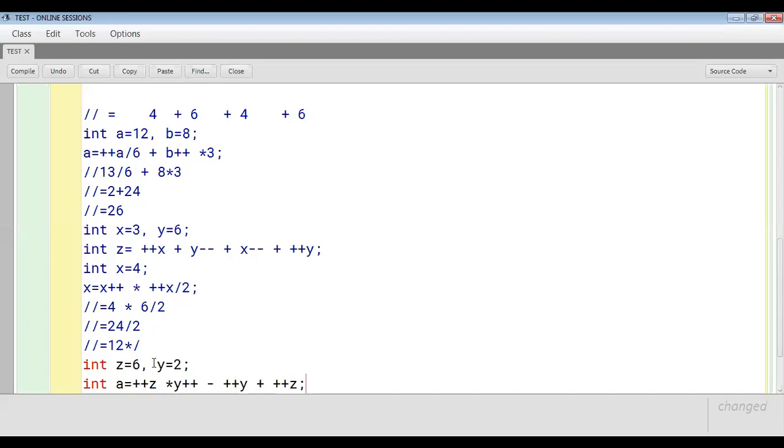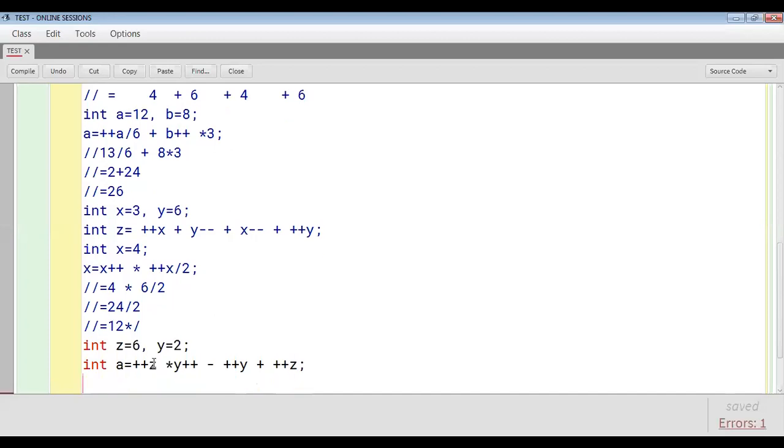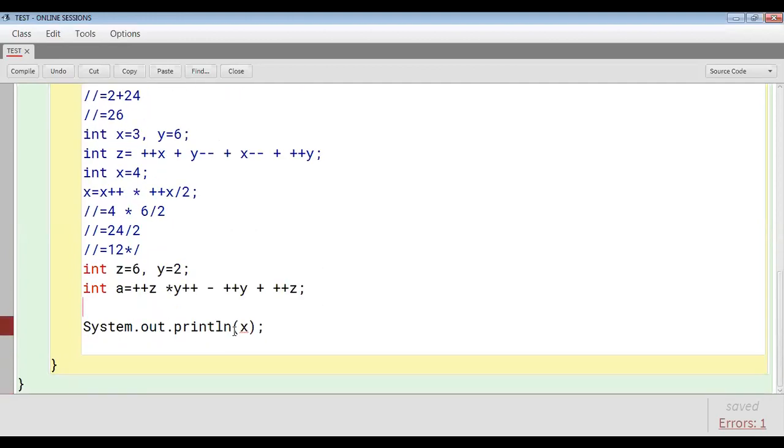Chalo, now I want all of you to give the right answer for this. Okay, beta, let's see what's the value of a.